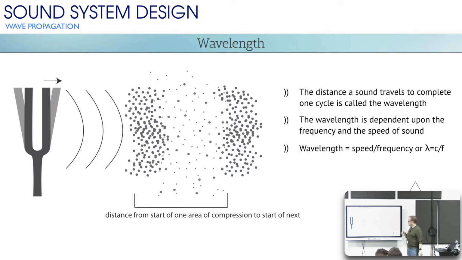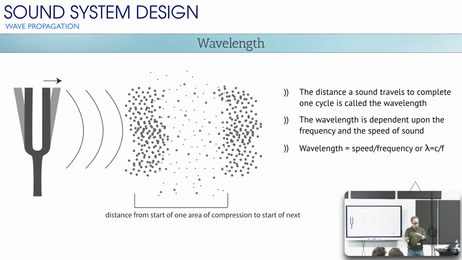Just as we noticed as that wave was crawling across the screen, there was a measurable distance between the two compressions, that you could measure with a ruler. And it's because of the somewhat predictable speed of sound. So the distance that sound travels before a full cycle has completed is called the wavelength.